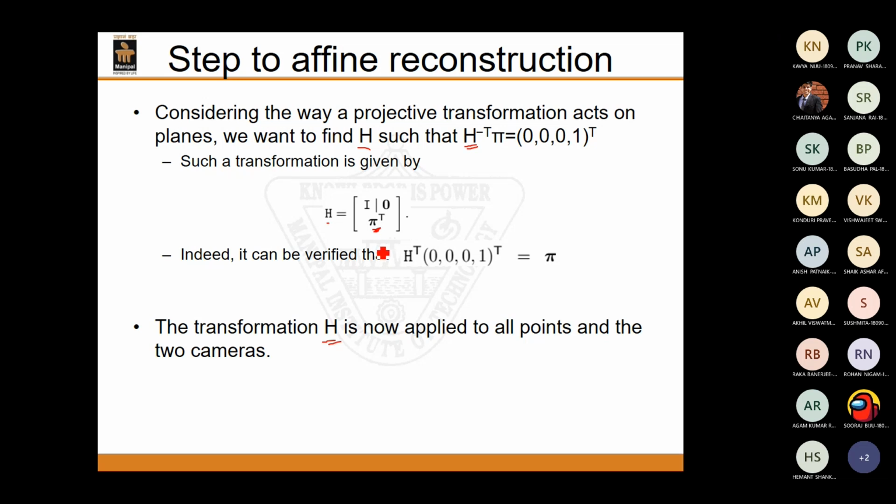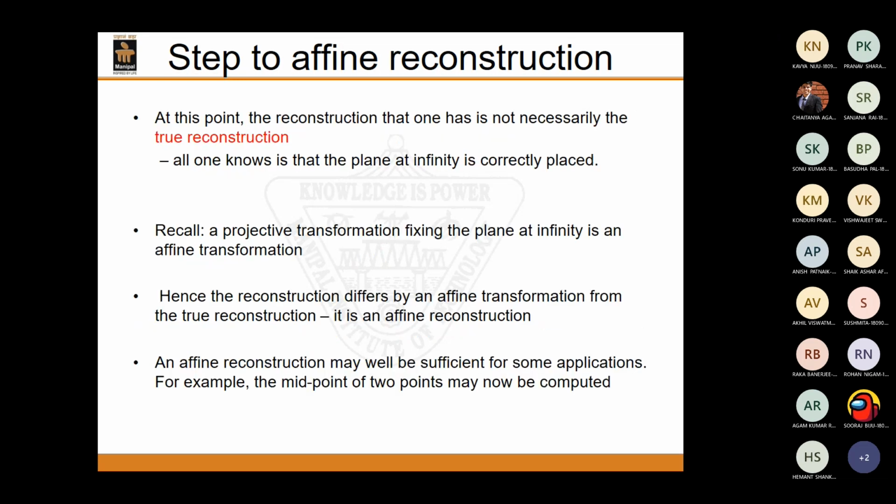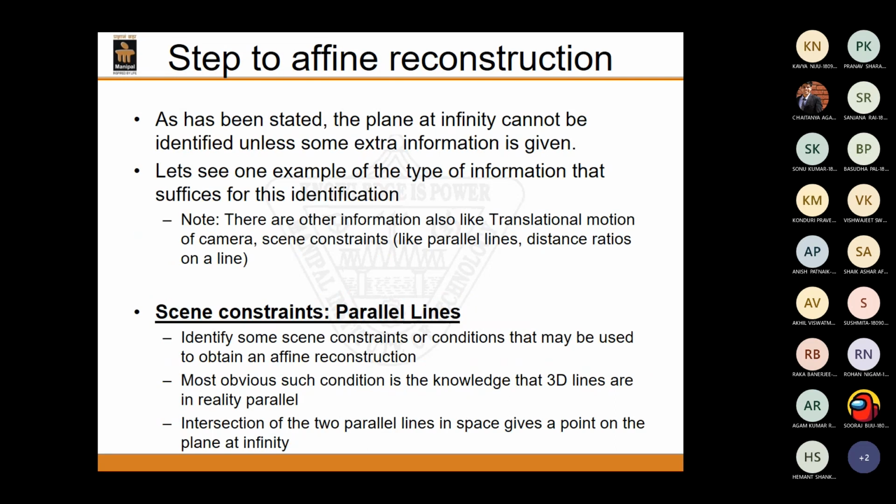Now, how do you find this pi is what we're seeing next. There are different methods you can use, and one simple method we are going to discuss here is using scene constraints, that is, parallel lines.